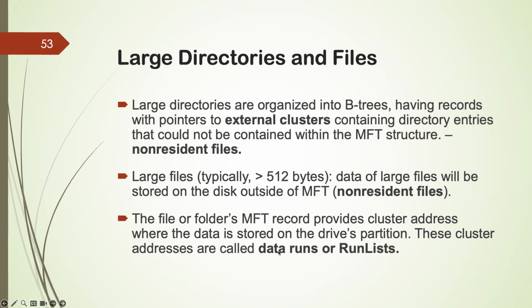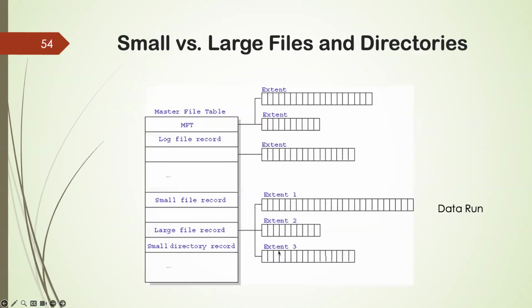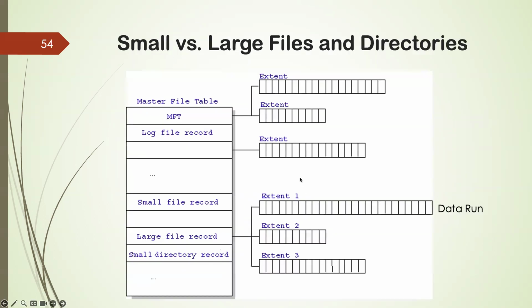When allocating clusters to your file, you cannot have individual clusters. For example, if your file consists of 100 clusters, will you have 100 entries in your data attribute? No. Why? Because it will become highly inefficient, and it will require a lot of space to write the cluster numbers for all of those records.